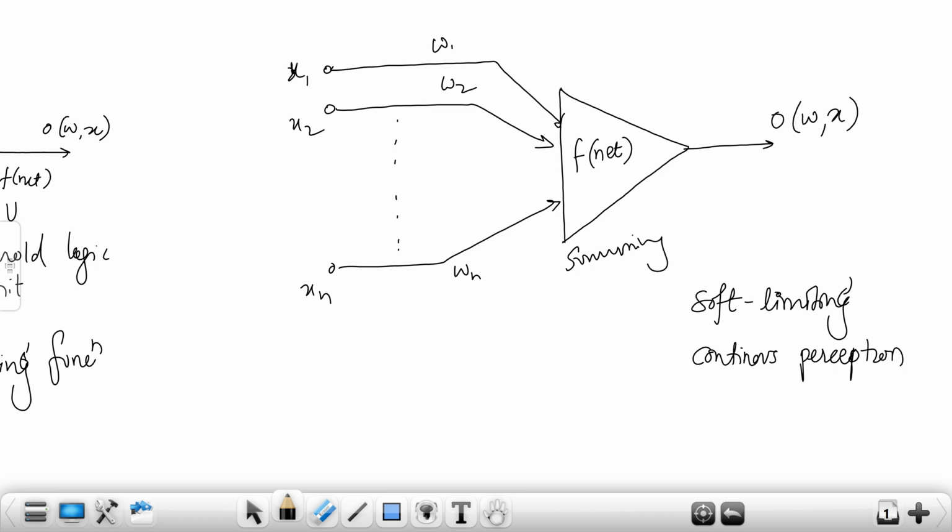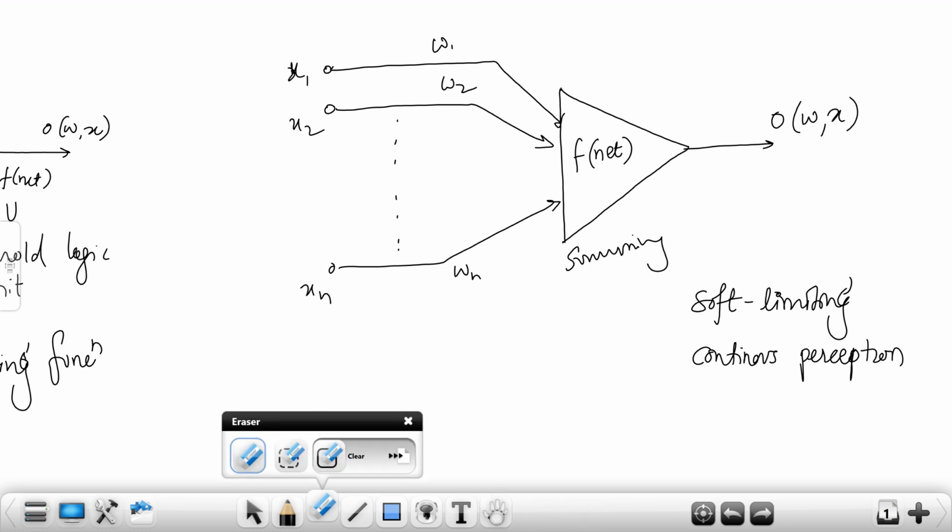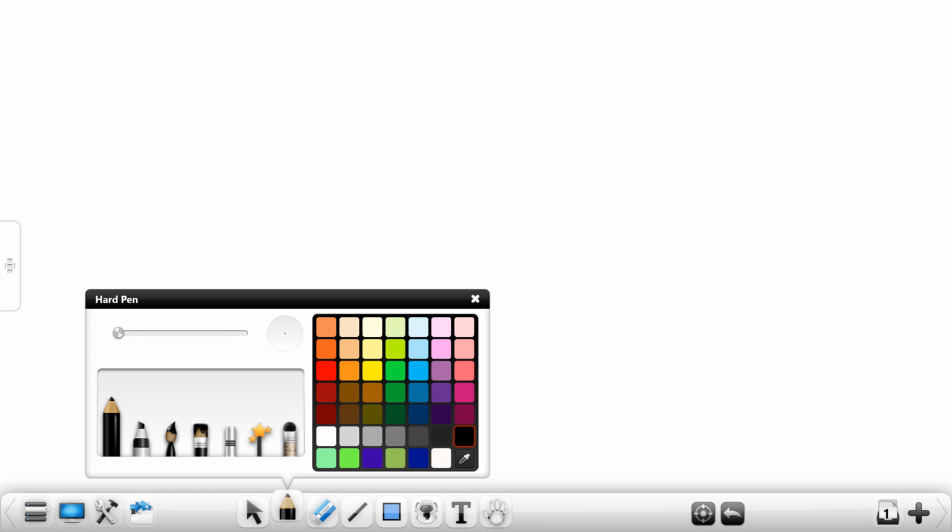Okay, now we'll go to different artificial neuron models.